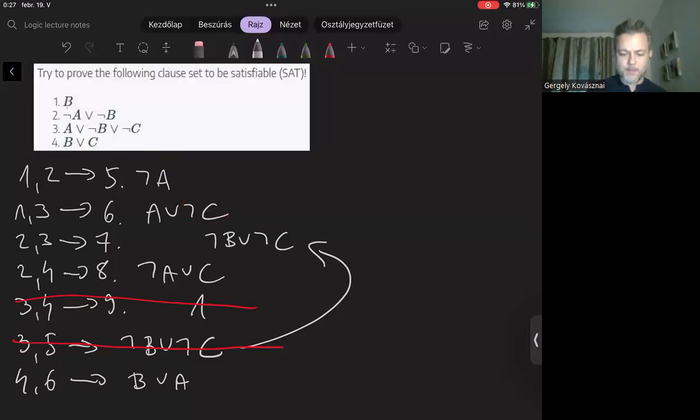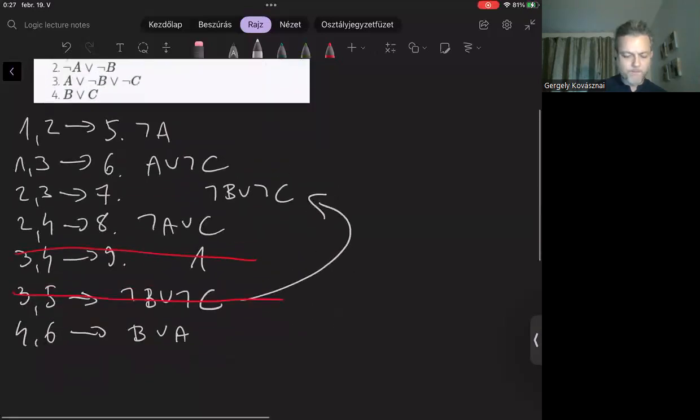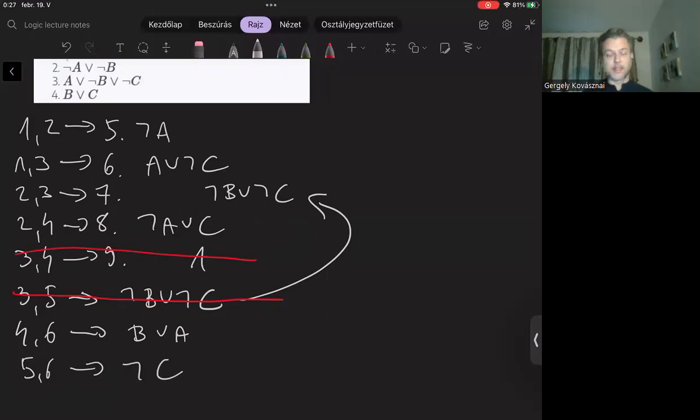Then we can try to resolve clauses number 5 and 6, and the resolvent is not C, which is also a brand new clause. And I forgot to use the numberings here. So this is clause number 9, clause number 10, right?